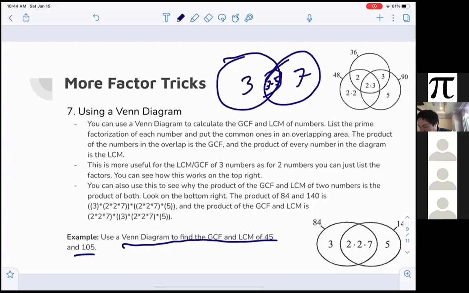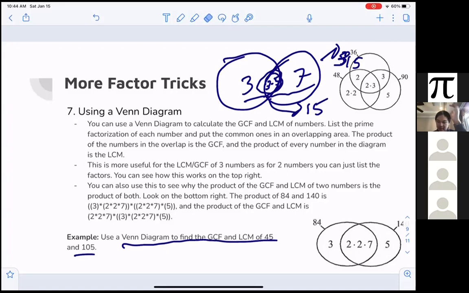So the GCF would be this, which is 15. The LCM would be 3 times 3 times 5 times 7, which is 9 times 35, which is 315. And that's just how you use the Venn diagram. It comes pretty naturally, I guess. But using prime factorization is still probably the best and most reliable way if you don't have time to just draw this out.